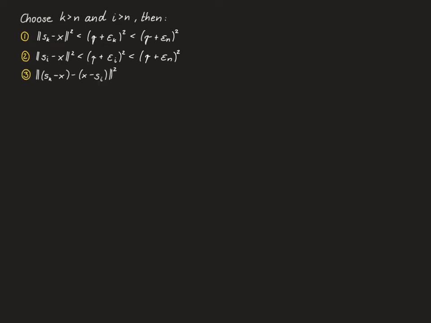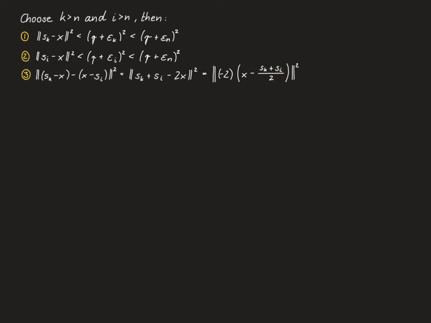The third term can be written as the squared norm of sk plus si minus 2x. And by pulling out a factor of -2, the vector inside the norm becomes -2 times x minus the sum of sk plus si, halved.